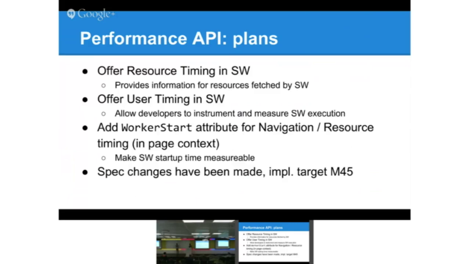And the third item is to add worker start attributes for navigation timing and resource timing. This is for page context, not service worker context. That makes service worker startup time measurable. And all necessary spec changes have been made, so we plan to implement it in M45.